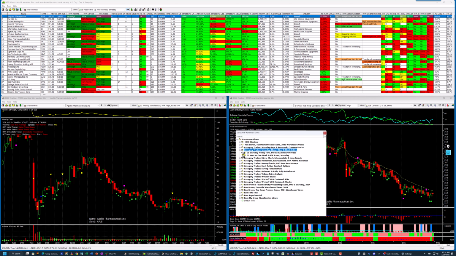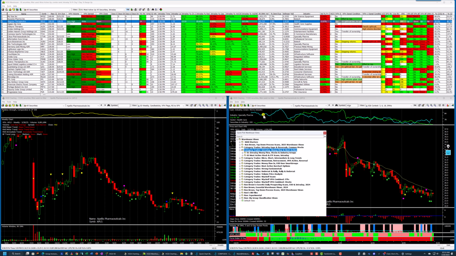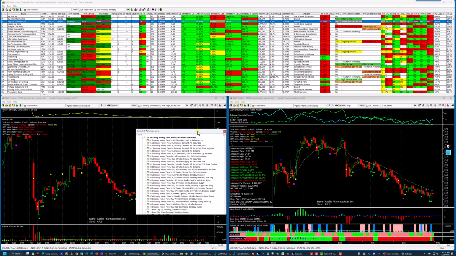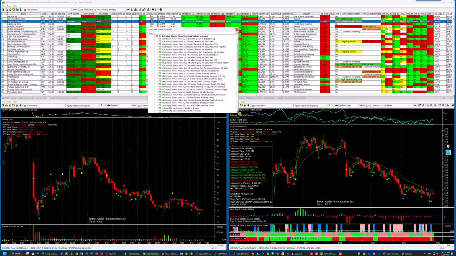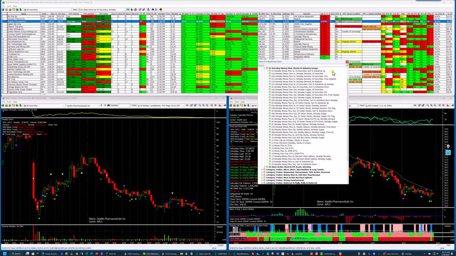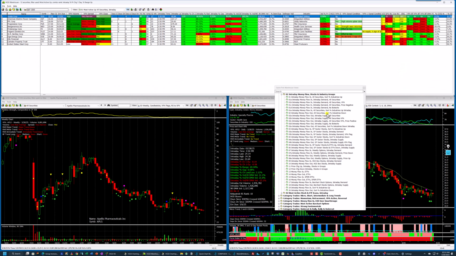Intraday stocks are updating right now. And open this folder, and as you can see, I have a lot of different scans just contained within this folder.